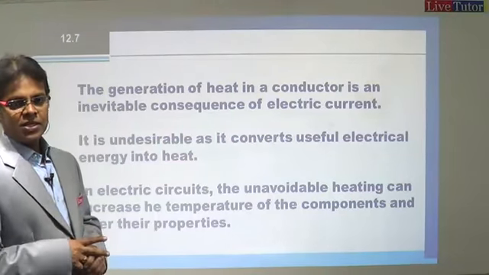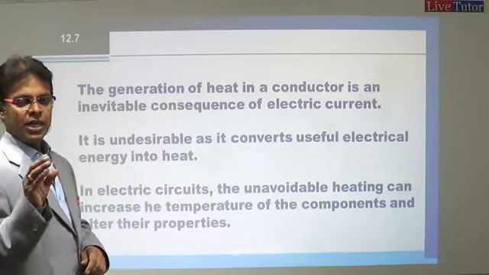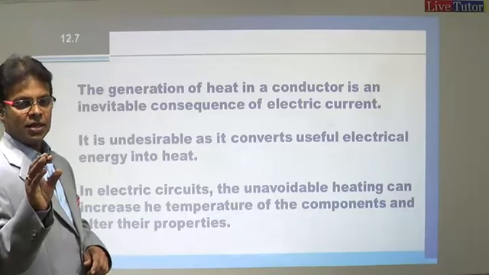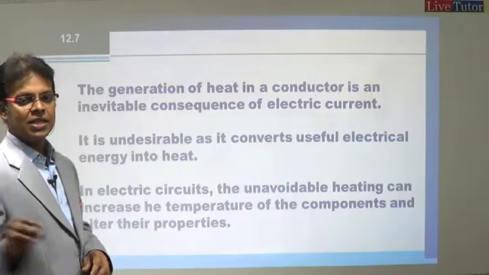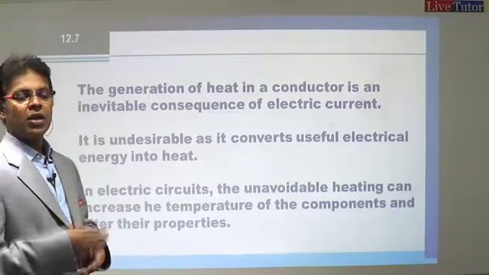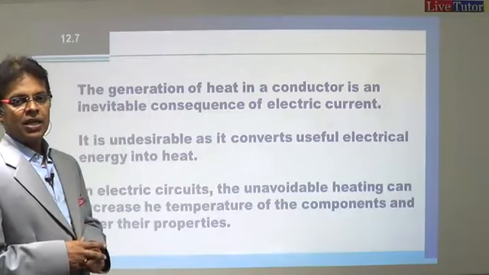As we have already discussed, though the energy supplied by the battery or cell is utilized, only part of this is utilized as constructive, and part of the energy is destructive. That means it is wasted. But it is inevitable. We cannot avoid that. It is an unavoidable consequence of electric current. Right?